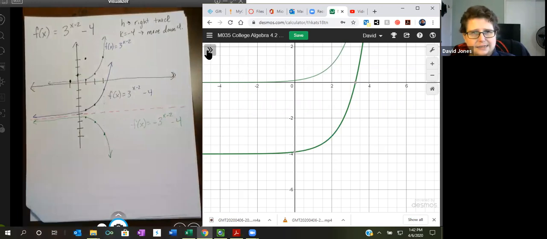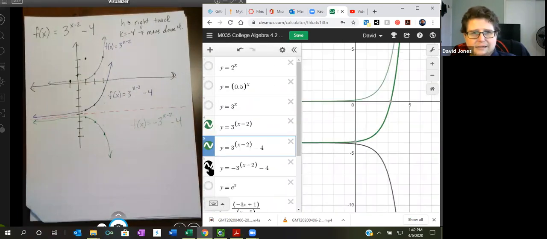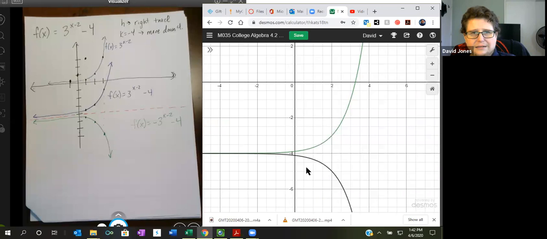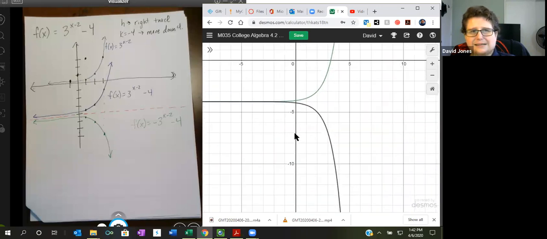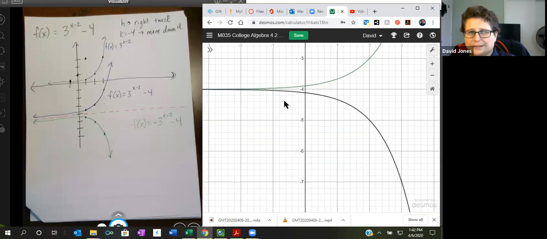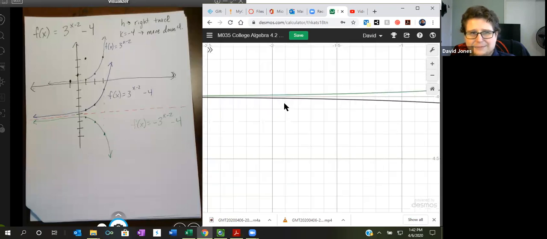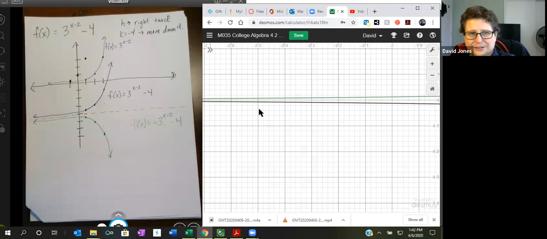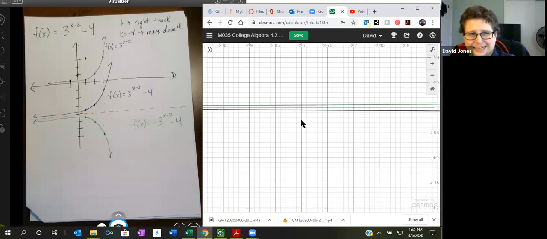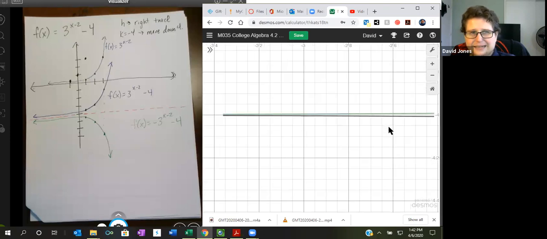Is that right? Look at that. It's exactly what happened. It reflects it across this axis of symmetry. And the closer we zoom in, we see that it stays that way. It's kind of neat.